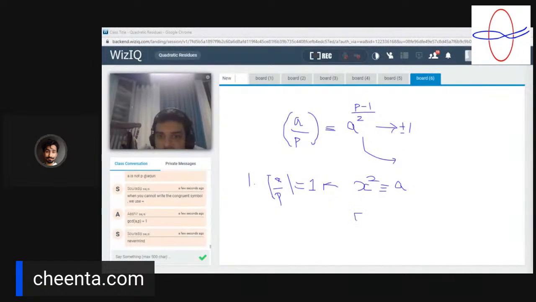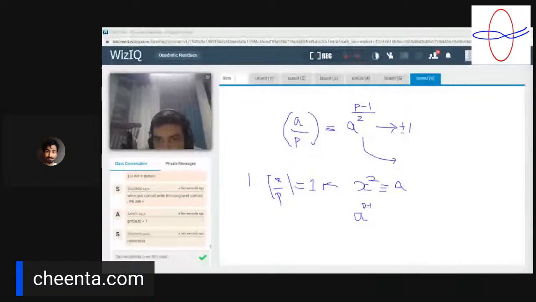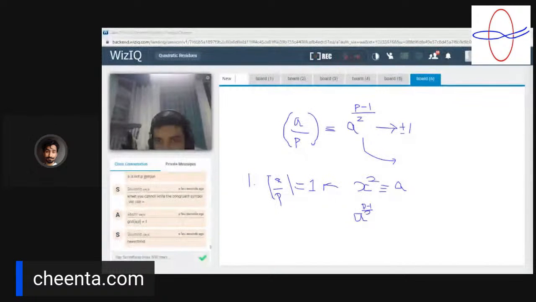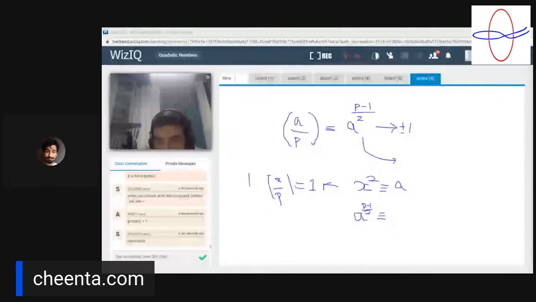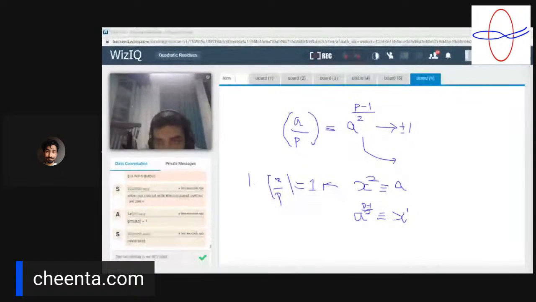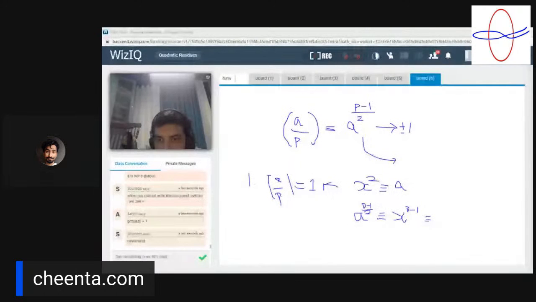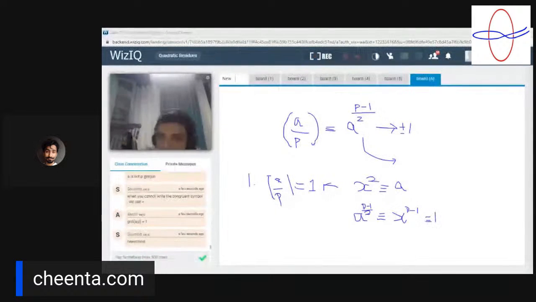So a raised to (p-1)/2 will be congruent to x raised to (p-1), which by Fermat's little theorem is congruent to 1 mod p.